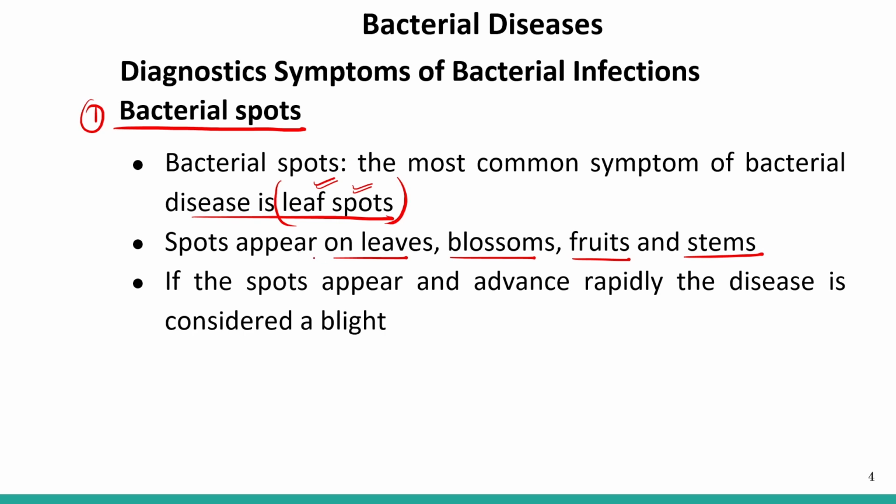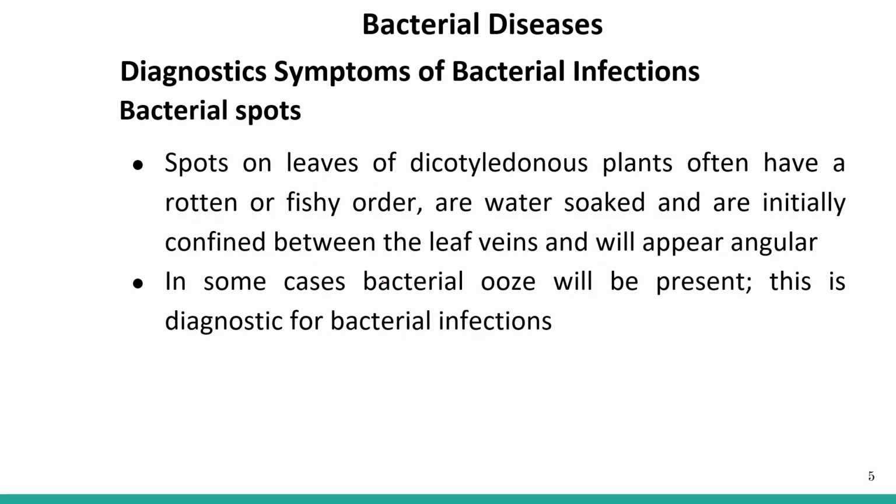So these spots are not only confined to the leaf, they are present on blossoms, fruits, and stem also. The spots appear and advance rapidly. The disease is considered a blight. This is the first symptom, that the leaf gets affected. The spots are there, and that can be considered as a blight.